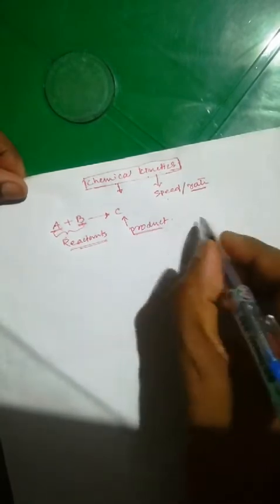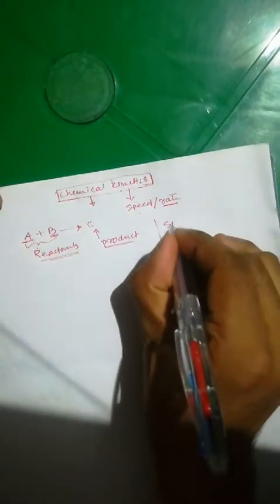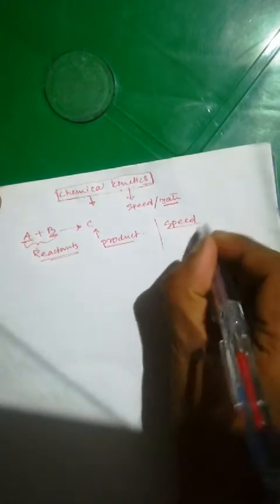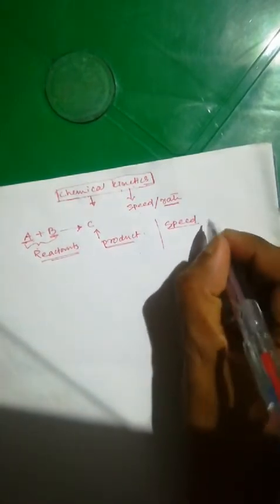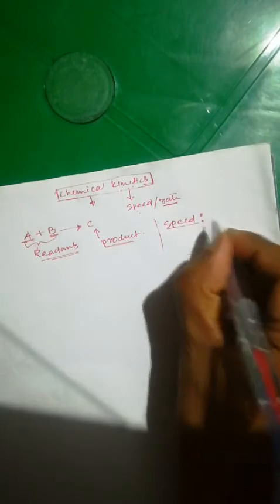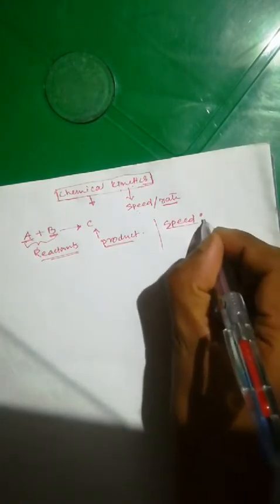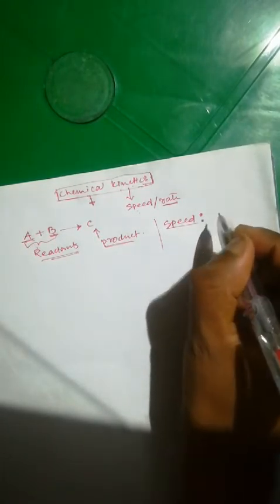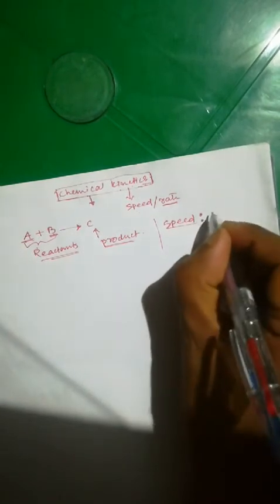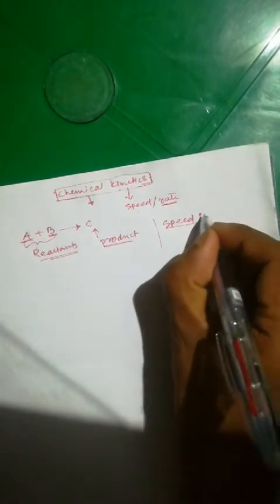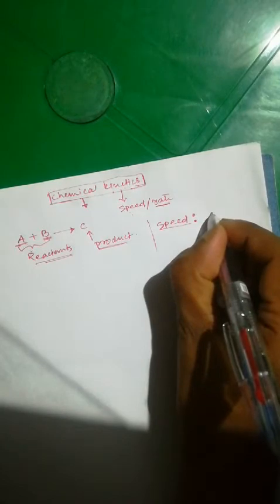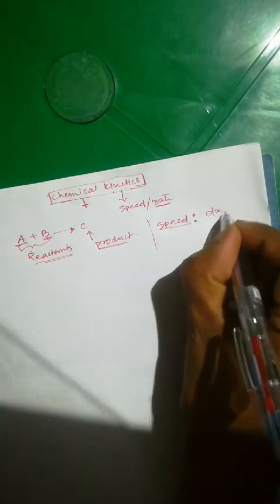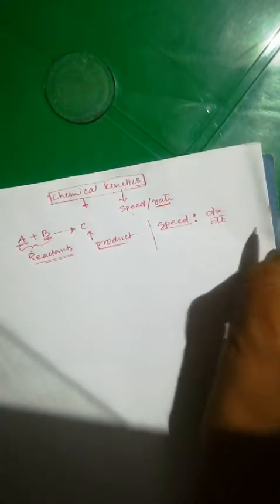Okay, so in physics, if we discuss speed, what is the formula for calculating the speed of a particle? You can say particle or anything. How to calculate the speed? The formula is dx by dt.